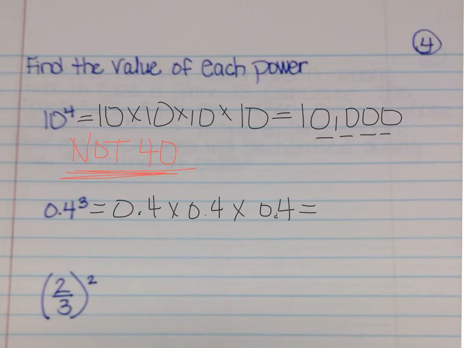We could multiply it out over here, but I don't want to take the time to do that because you guys know how to multiply. I know you do. So 0.4 times 0.4, find that answer. Then you multiply it times 0.4, and that gives you 0.064.